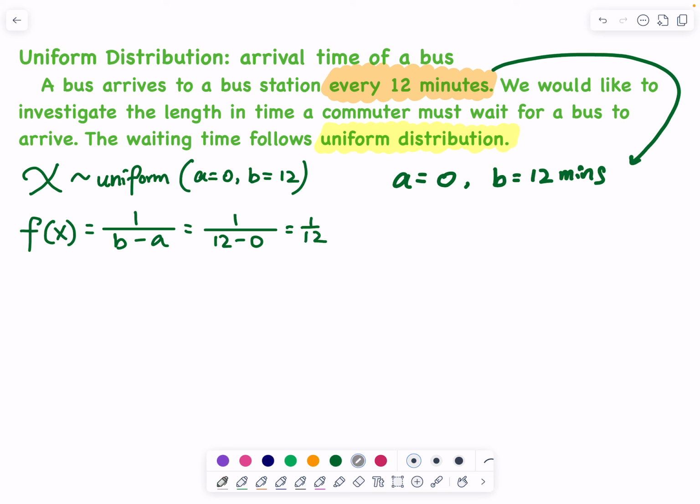And then we can draw a graph. I have the y-axis and x-axis, this is x, and this is y, from 0 to 12. This is a 0, and this is a 12, so let's put a 12 right here, and this is the height of the rectangle, from 0 to 12.